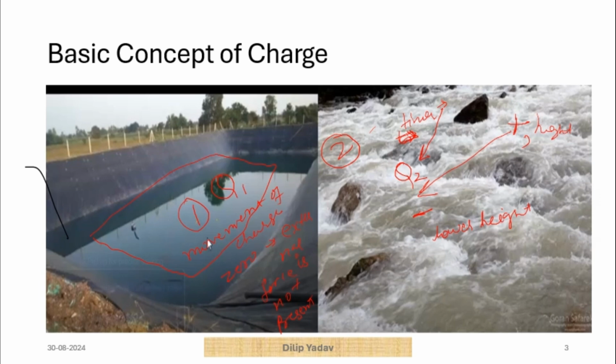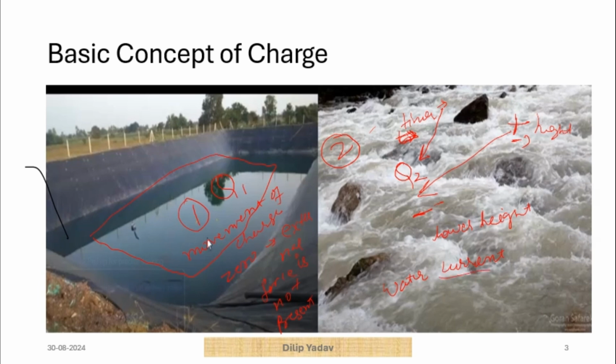In simple language, we can say the water current is moving from up to down. So this is known as higher potential to lower potential. Every charge will flow from higher potential to lower potential.